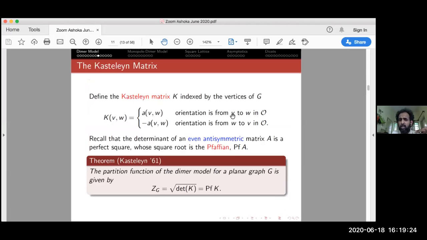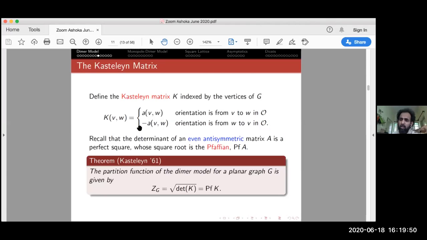If the orientation is from V to W in the Kasteleyn orientation, then you give the VWth entry a plus sign, otherwise you give it a minus sign. So then you form an antisymmetric matrix. This has to be an even sized matrix because otherwise there cannot be a perfect matching.